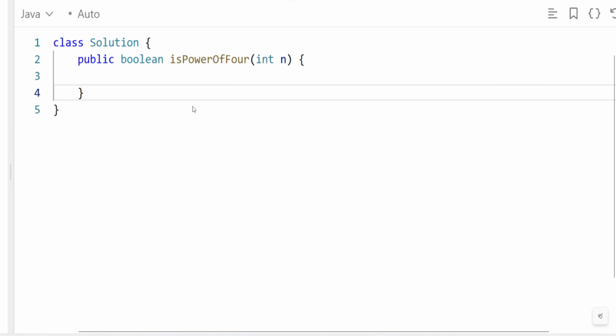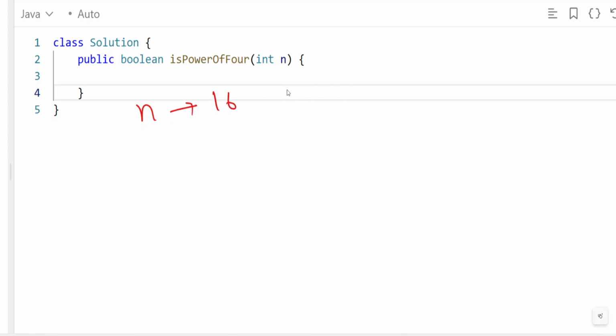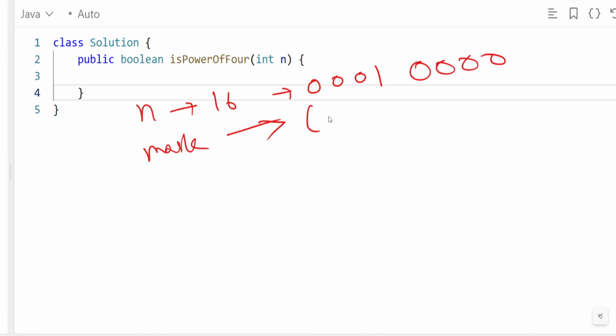So a very simple thing you have to apply: let me clean it. If we have n equal to 16, we represent this in binary as 0 0 0 1 0 0 0 0. If we need to mask it, we know the mask is 0 1 0 1.